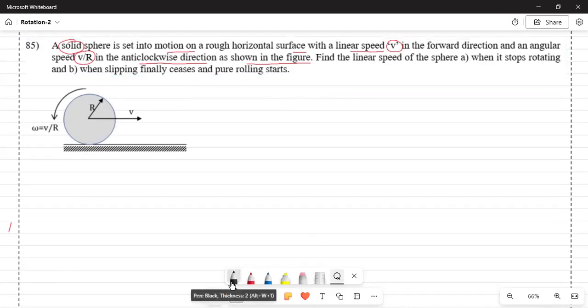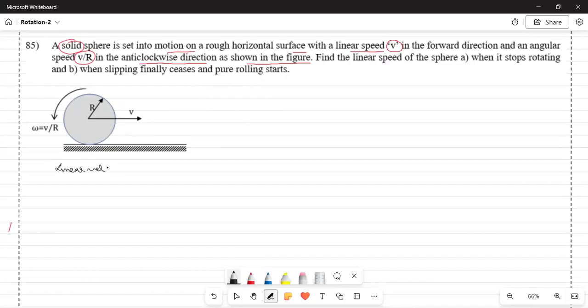Here, we start this way, that the linear motion and angular motion are in two opposite directions, or I think that is not a correct statement. We should say linear velocity v, I write it this way.